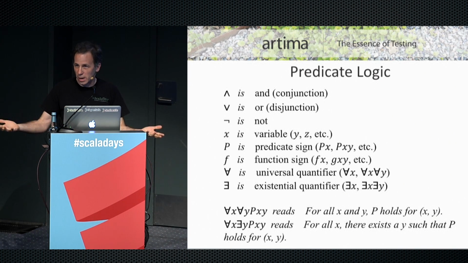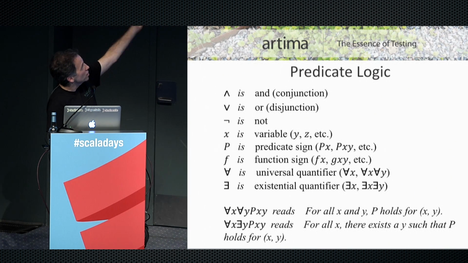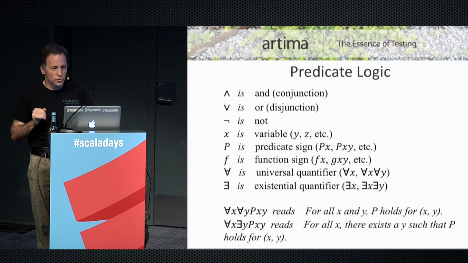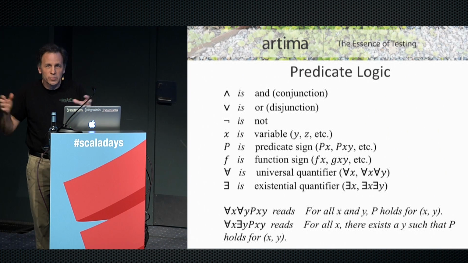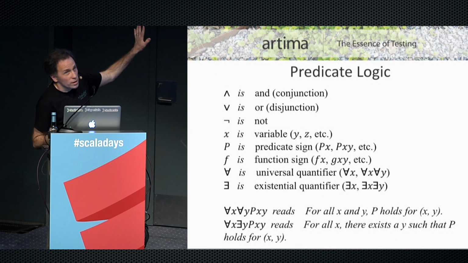That's a statement you can make in predicate logic. And then the second one is, for all x, there exists a y such that the predicate P holds for x and y. Okay, so you can make statements like that, and the reason you do that usually is so that you can prove things. So you relate some English statements to a formula in predicate logic, and then you do some mathematical transformations and you prove another statement that you can then say in English. So that's everything of predicate logic.